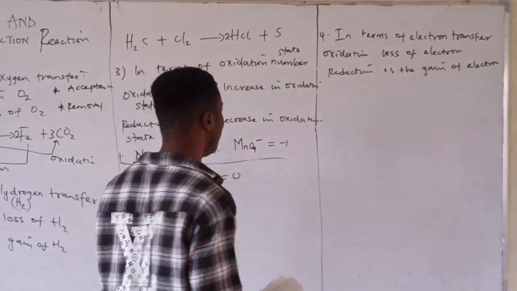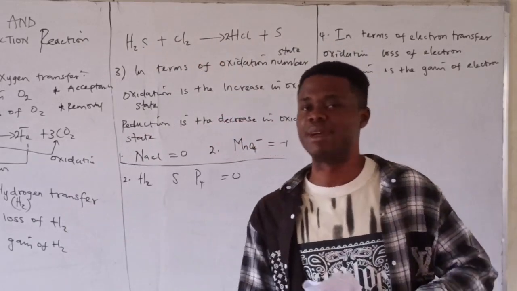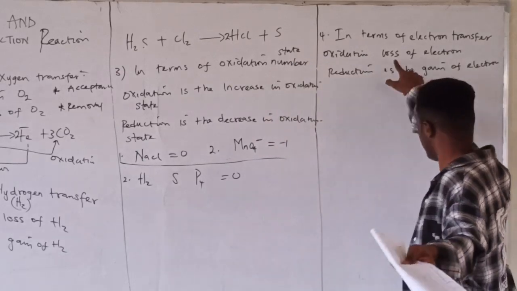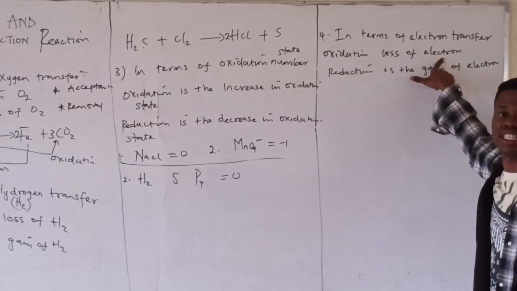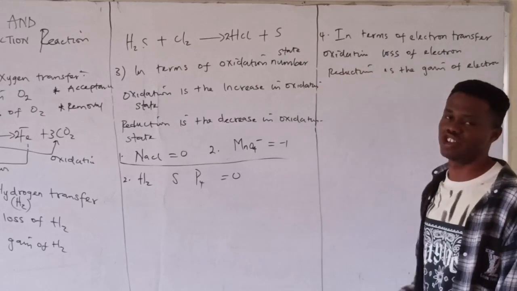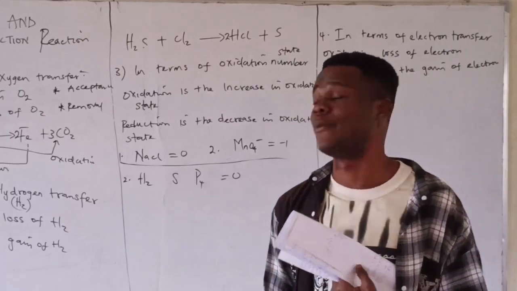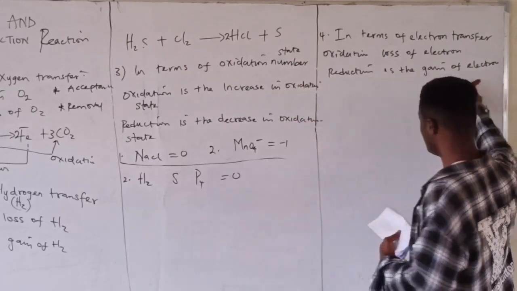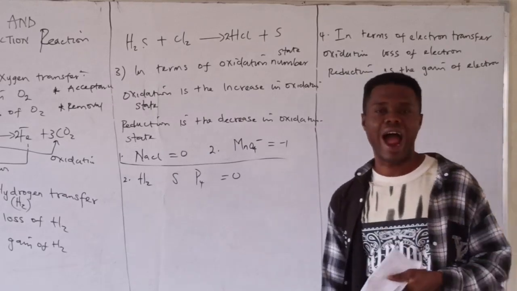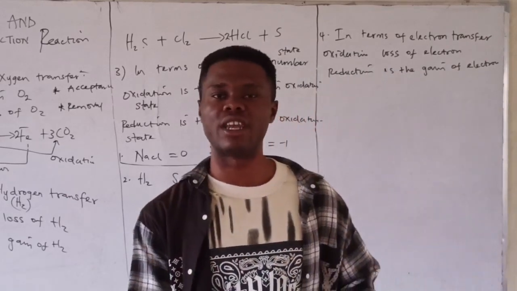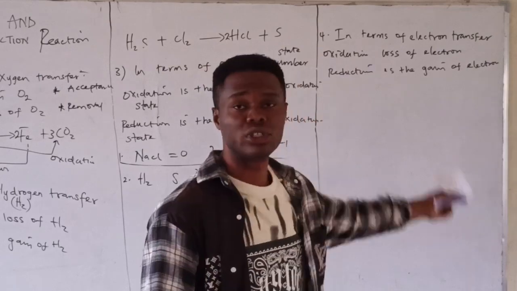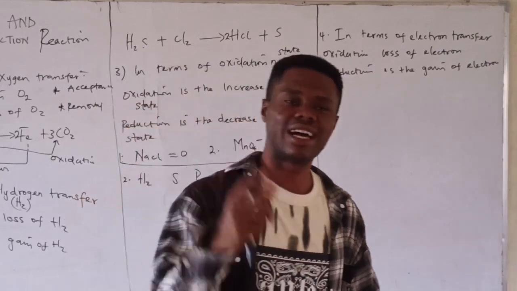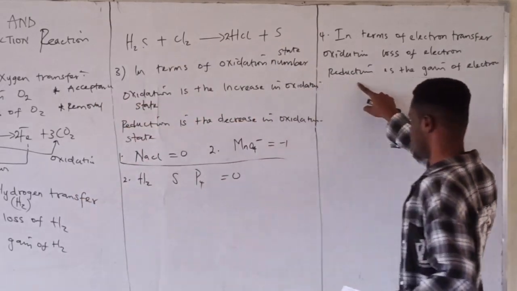When an atom of an element loses its electron, it is called oxidation. And when an atom of a compound or an element accepts the electron that was given out by some other compounds or elements, that is called reduction.